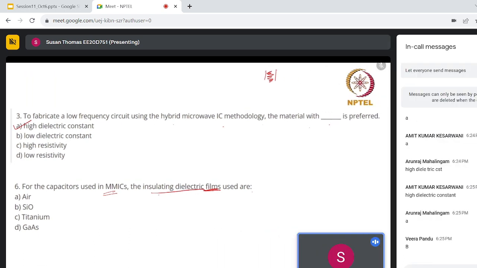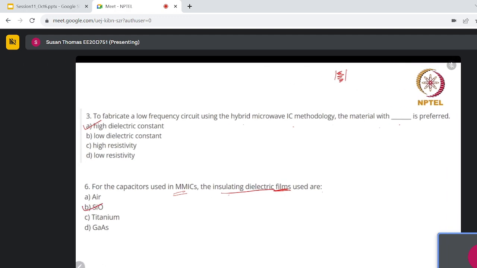So the answer is silicon oxide. Different oxides of silicon are generally desirable to be the insulating dielectric film in case of realizing capacitors in the monolithic microwave integrated circuits.